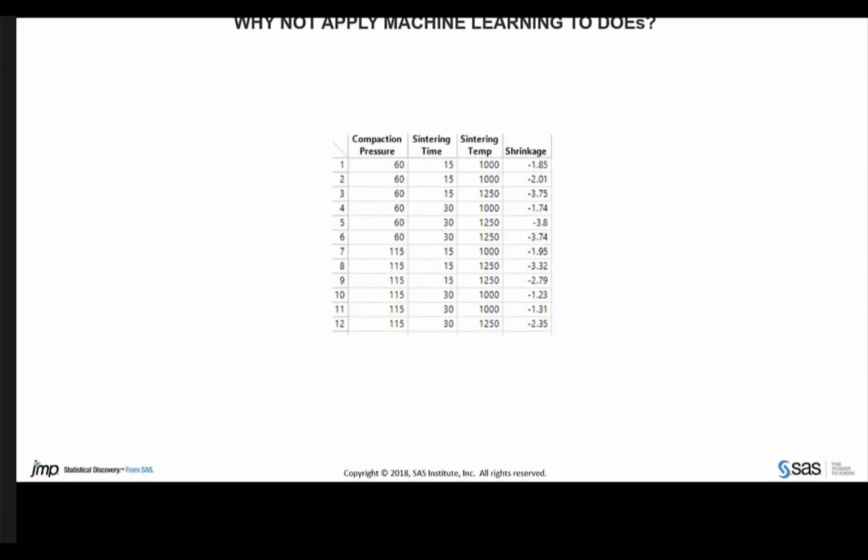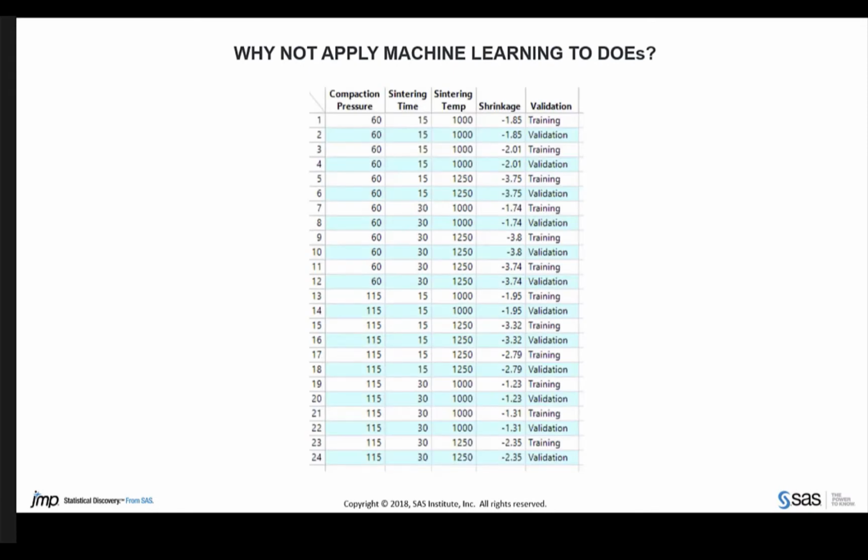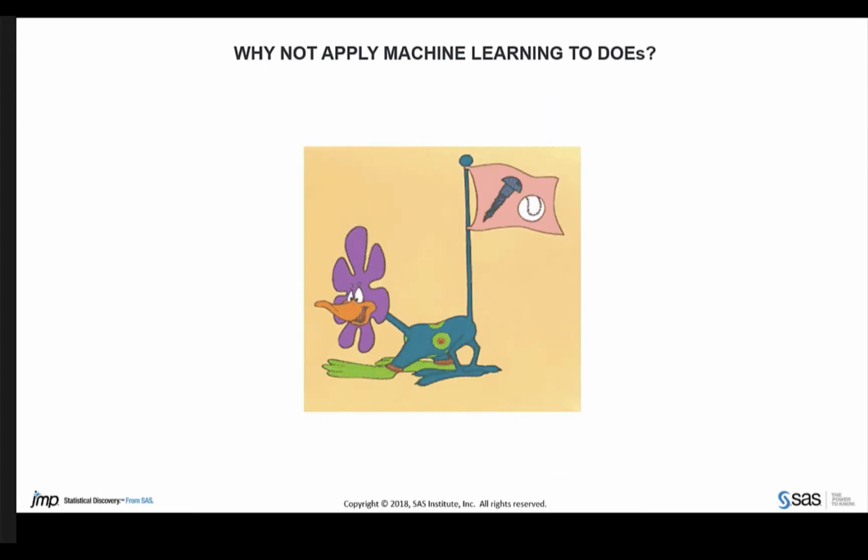Now, as a thought experiment, one might ask the question, well, can't we cheat a little bit? Can we go ahead and maybe take the data set, double it up so that we have all the rows from the original DOE as training and all the rows from the original data as validation? Now, this idea is a pretty bad one.